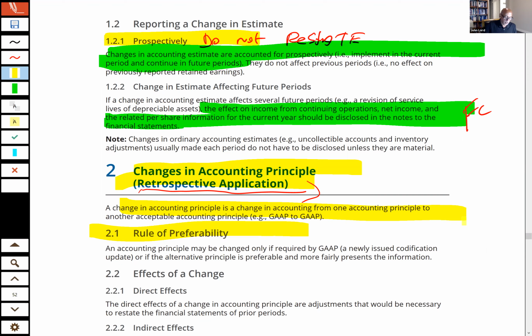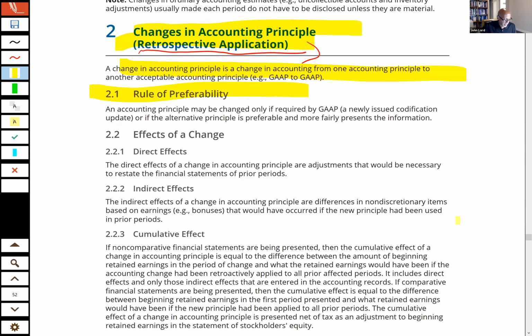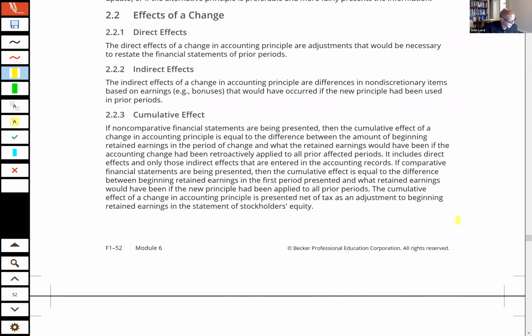Okay, good. Now we come over and let's take a look at what they tell us about this cumulative effect. And when we look at the cumulative effect, it will manifest itself differently if we're dealing with non-comparative statements versus if we're dealing with comparative statements.